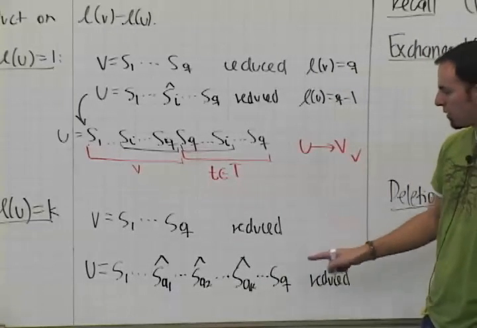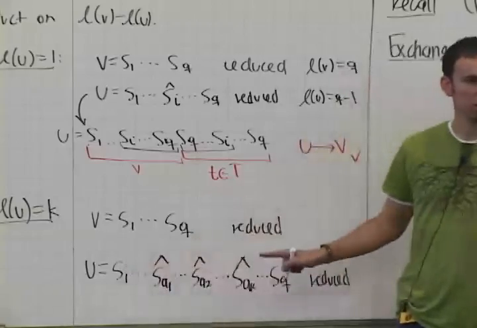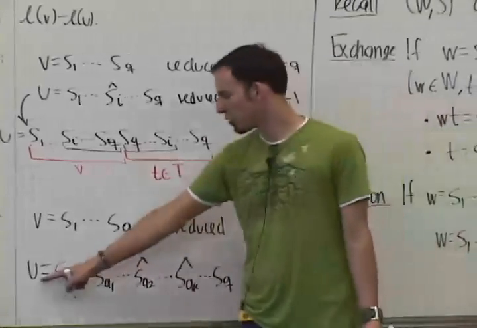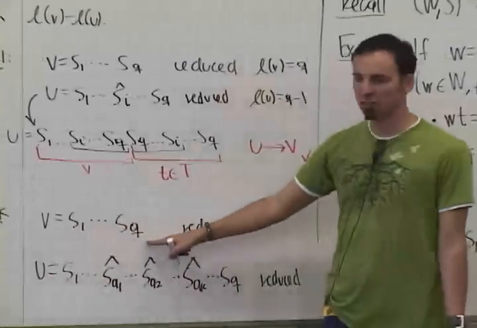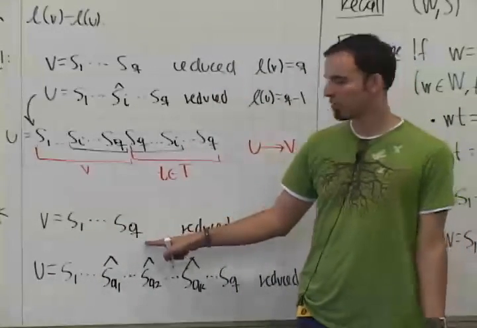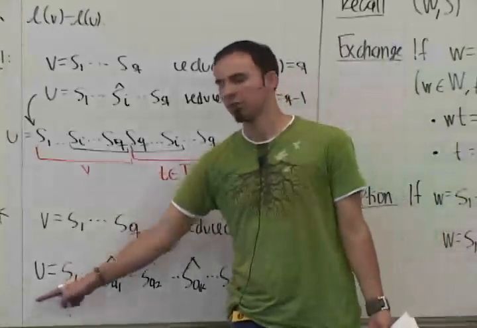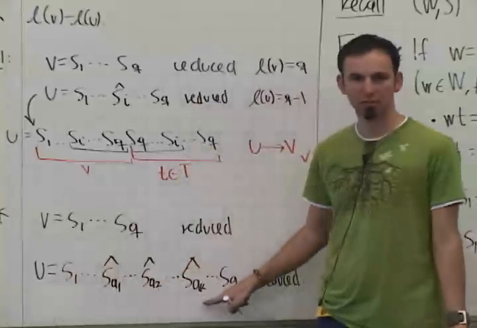Now, there may be different ways of doing this, right? Because all I know is that U is a subword of this, but there may be different subwords that give me the same answer U. So there may be different choices of the AIs.